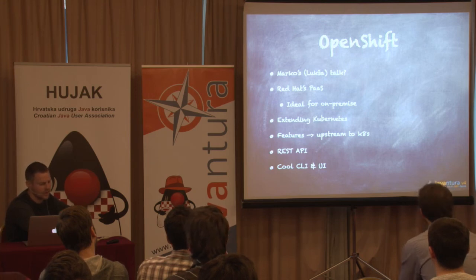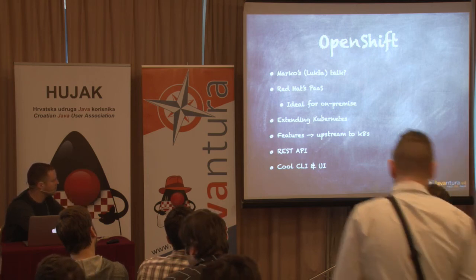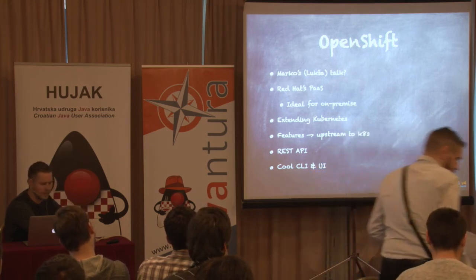As Marco mentioned, we're extending Kubernetes, just building on top of it. This is our third version of trying to implement something as a PaaS. Previously, we had similar concepts, but of course, riding on the success of Kubernetes is much easier, and it's much more popular. What we also do is, Red Hat is the second biggest contributor to Kubernetes.